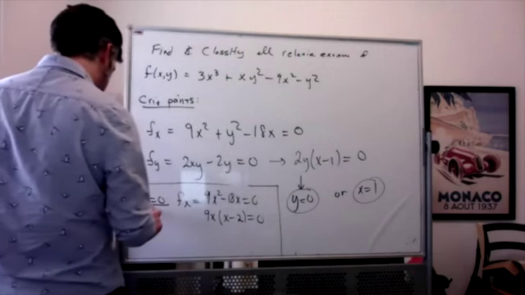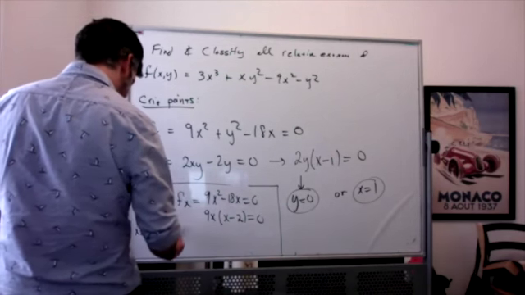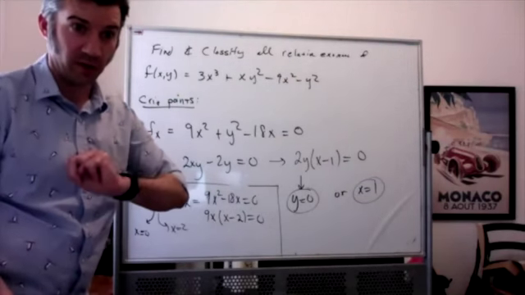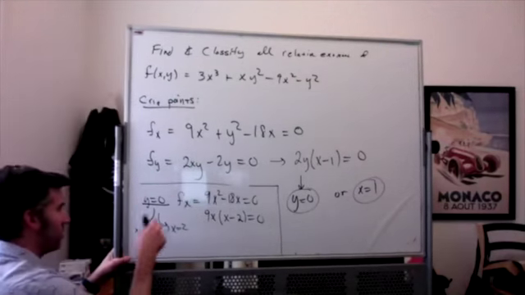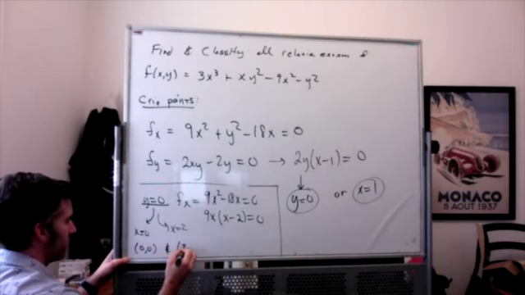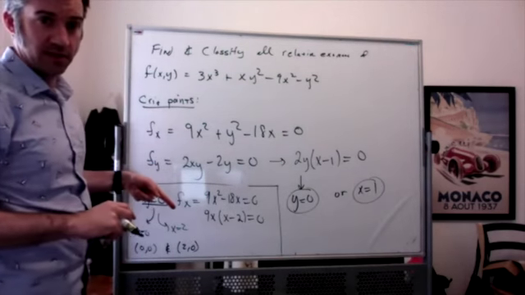So when y equals 0, I get x equals 0, but I also get x equals 2. So far I've identified 2 critical points. When x is 0, y is 0, and when x is 2, y is 0. Both of those satisfy both of these equations.